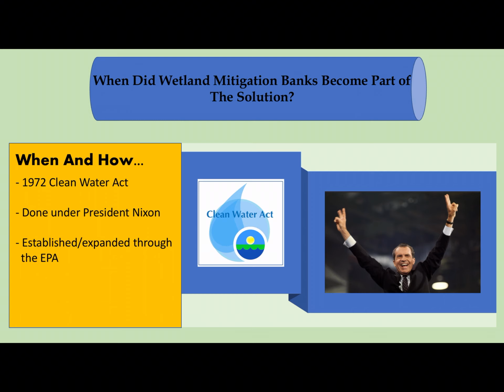And then states following this ran with it and then expanded and established various wetland mitigation banks to provide credits to individuals to establish wetland mitigation areas to enhance the environment. And then from that point in history, we have seen this established and expanded through the EPA, in which it has expanded whatever it wants to do regarding wetland mitigation banks, and it has also provided more resources for these banks to get out to various states. As you can see, it's a highly prevalent concept as provided by the map a couple slides ago.